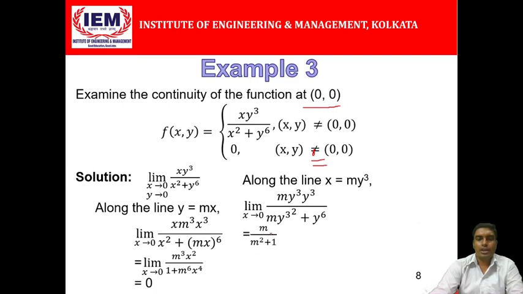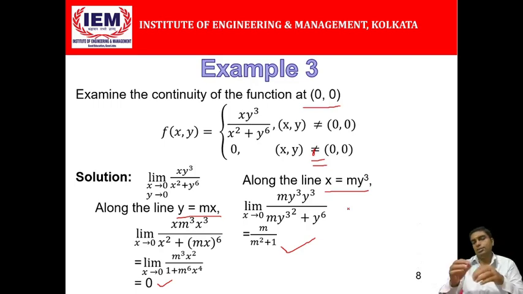Then it will be m by m squared plus 1. So I see that when we approach 0, 0 by this straight line y equal to mx, the limit is equal to 0, but if I approach 0, 0 by using this curve, then this value is not 0, it depends on the value of m. So the limit is not unique.